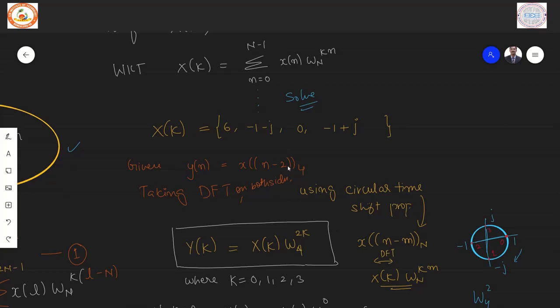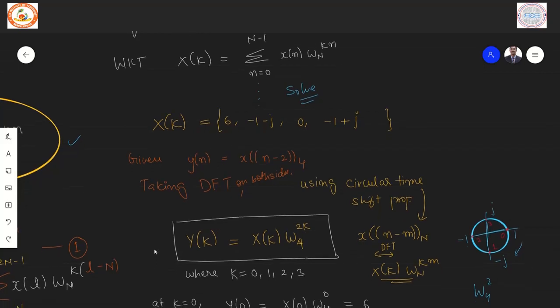Accordingly, we observe that the m value here is 2, and capital N happens to be 4. Therefore, the DFT of it is capital X of k times W4 raised to the power of k times m, so it is k into 2, or 2k.